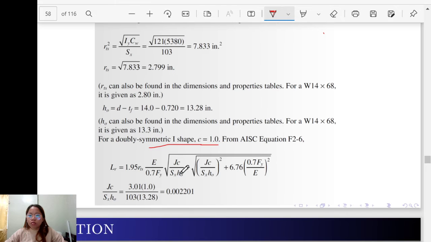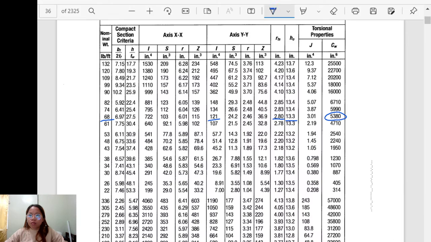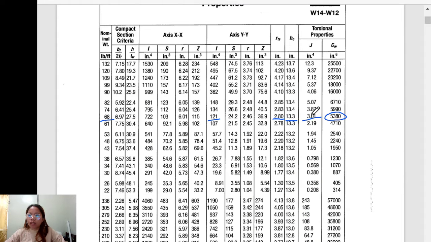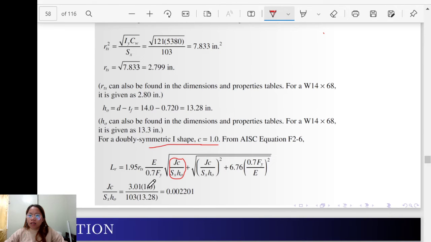Now, to solve this term here, J is 3.01, which is from the table, no? 3.01, and the value of c is 1.0, S sub x, or the elastic section modulus, is 103 times h sub o, 13.28.